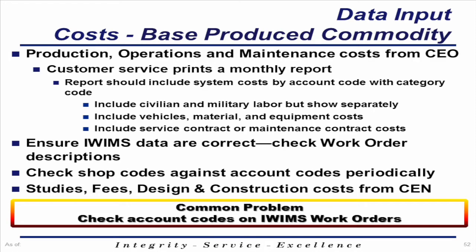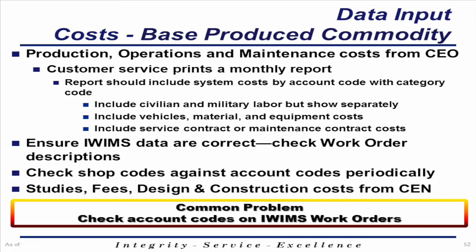All right, the annual cost to operate the production facilities and quantities produced are used to calculate basic cost. So what we want you to do is use the actual utility operations and maintenance costs to compute utility sales rates. And you can get these from the ops flights. Some of the things you're looking for are to make sure that you include your civilian and your military labor, but make sure you show them separately.